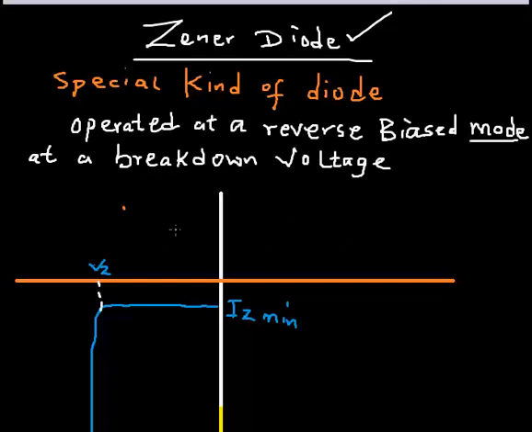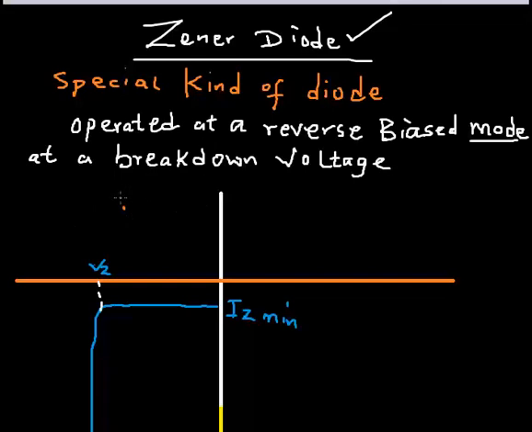What causes the breakdown when the diode is reverse biased is heat. As you increase the reverse bias voltage, the diode heats up, which eventually causes the bonding of the semiconductor to be broken.